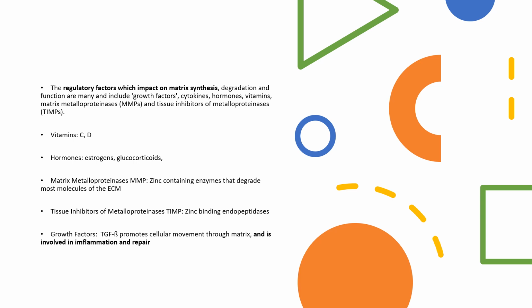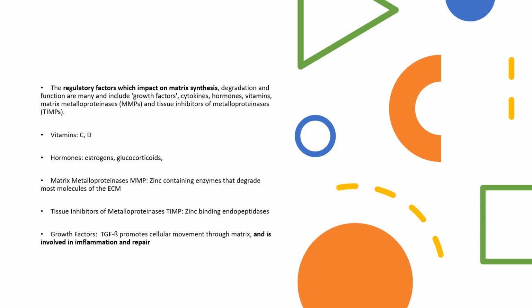Further talking about the growth factors, TGF-beta plays a major role in matrix production and degradation. It also induces leukocyte margination and accumulation both through direct chemotaxis and by inducing cell surface integrin expression on the monocytes. As a consequence, TGF-beta promotes the monocyte adhesion to type 4 collagen, laminin, and fibronectin, which facilitates the cellular movement through the matrix.